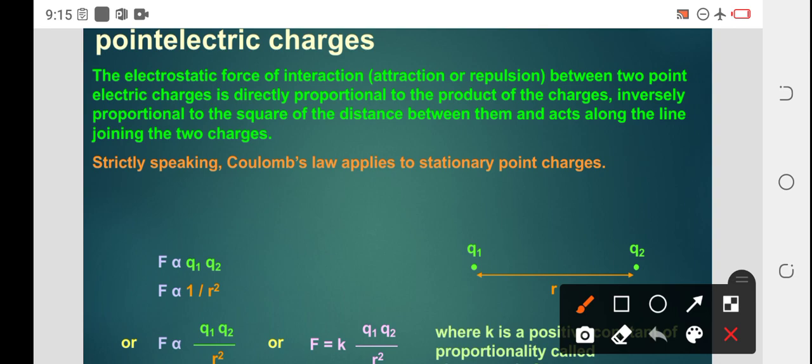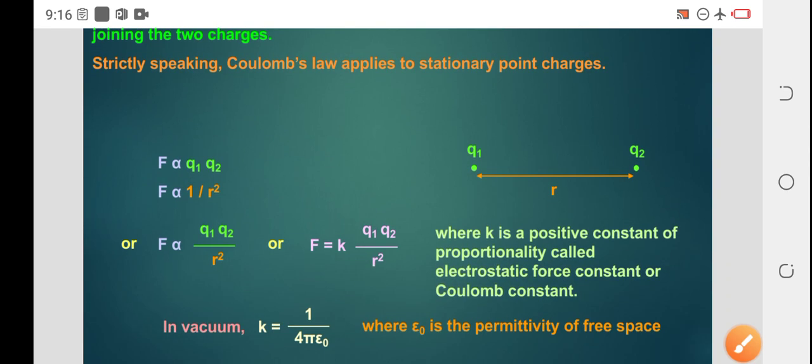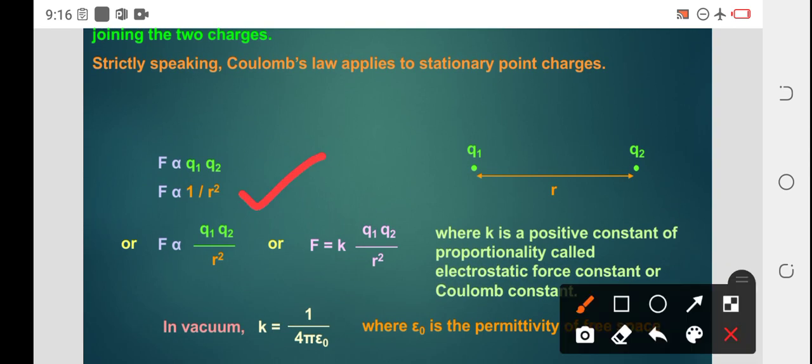According to his law, the force acting on the two bodies is proportional to the product of charge 1 and charge 2. The force is proportional to Q1 and Q2. Similarly, the force is inversely proportional to 1 by r square.